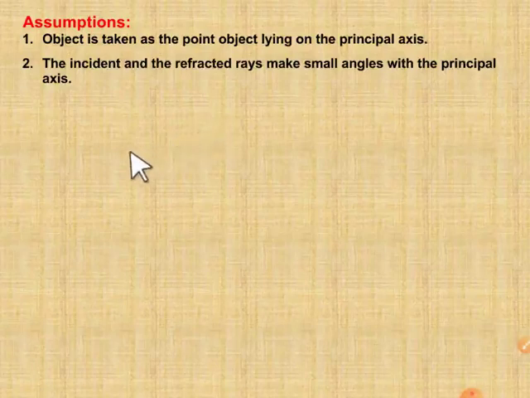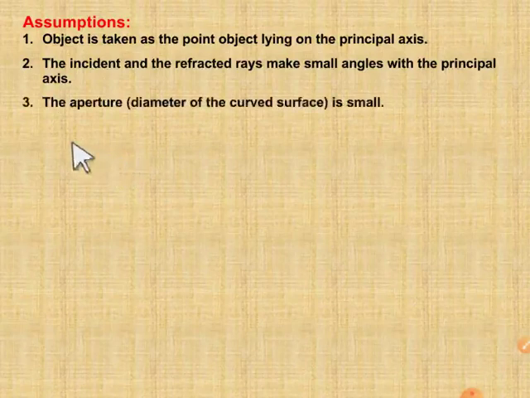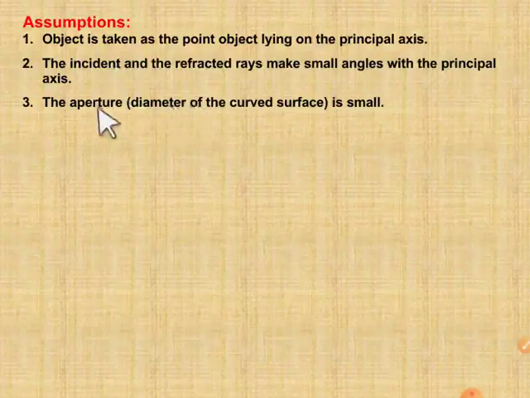Those rays, the incident ray and the refracted ray, form a small angle with the principal axis. That means the aperture of this spherical surface is assumed to be small. Because of this small aperture, the angles formed by the incident ray and refracted ray with the principal axis are also small, right?